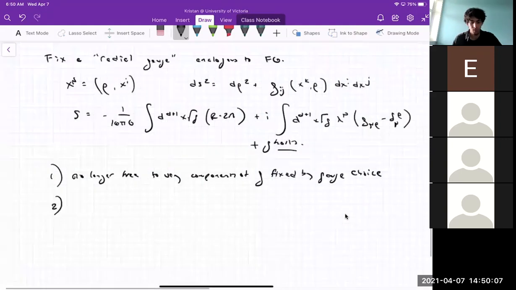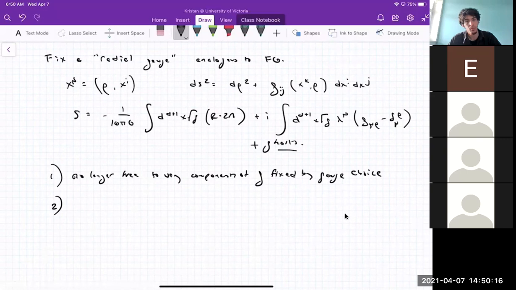Alternatively, if we think about not having integrated out the auxiliary fields yet, the field equations of the gauge fixed theory have a right-hand side, compared to the usual Einstein's equations.